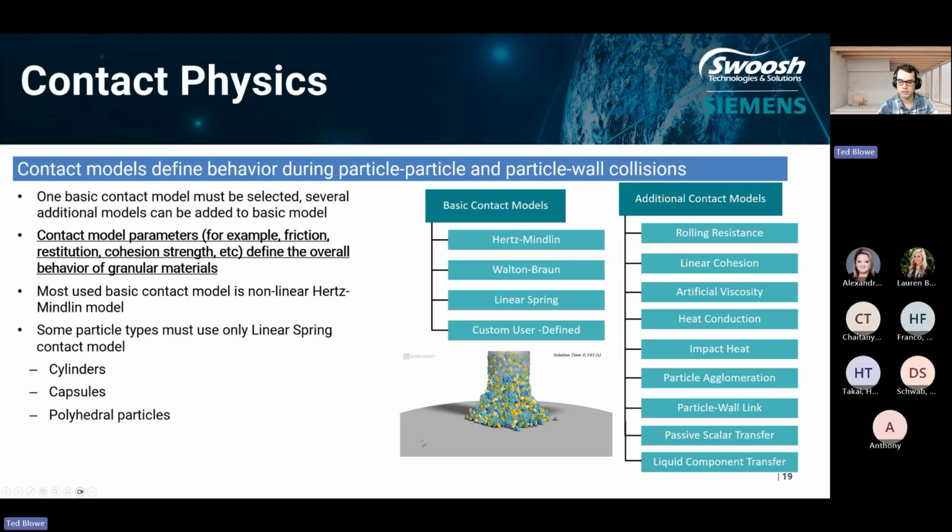Okay, the next model is the Walton-Braun, and this model is for elastic-plastic contact, where you have plastic deformation during impact. And this is suitable for materials where a collision leads to material deformation, like grain, soybeans, or coal.